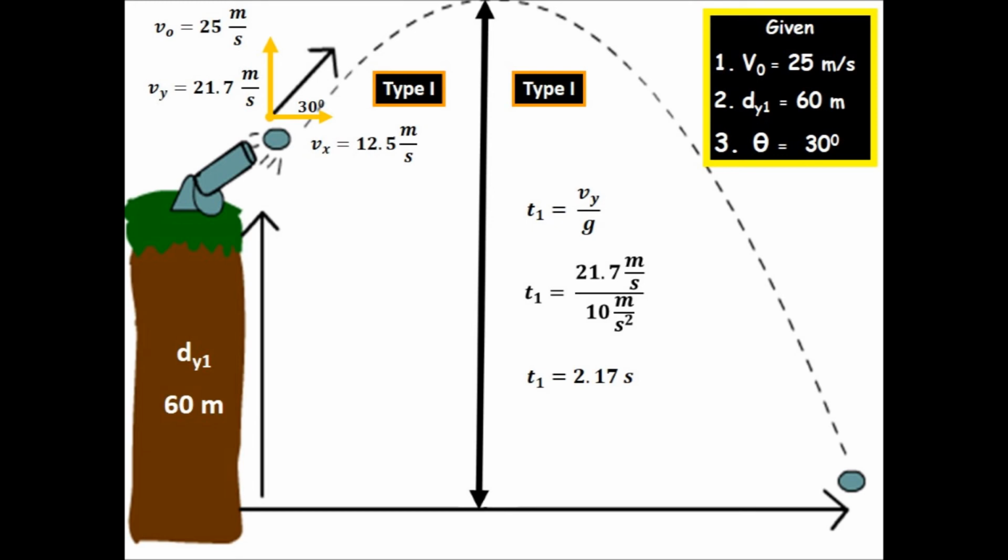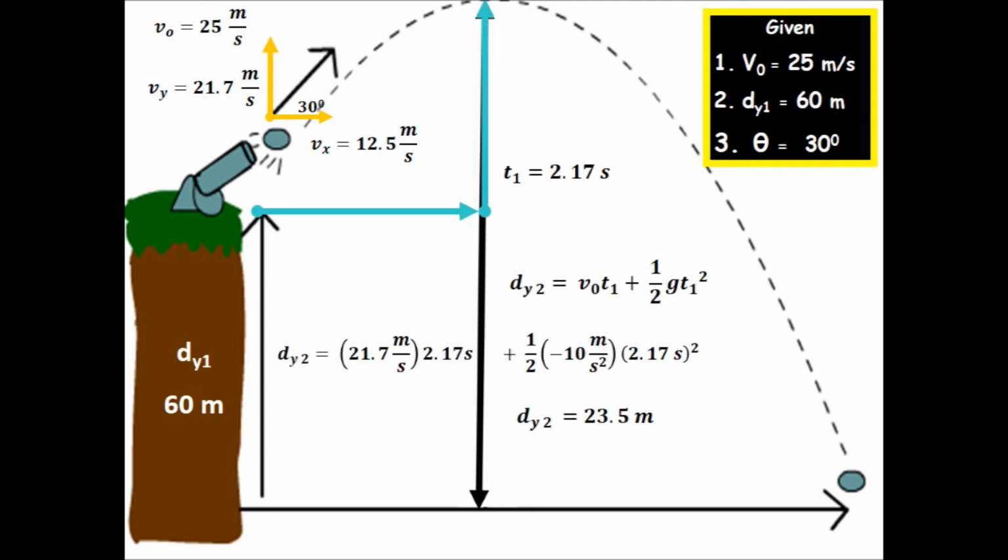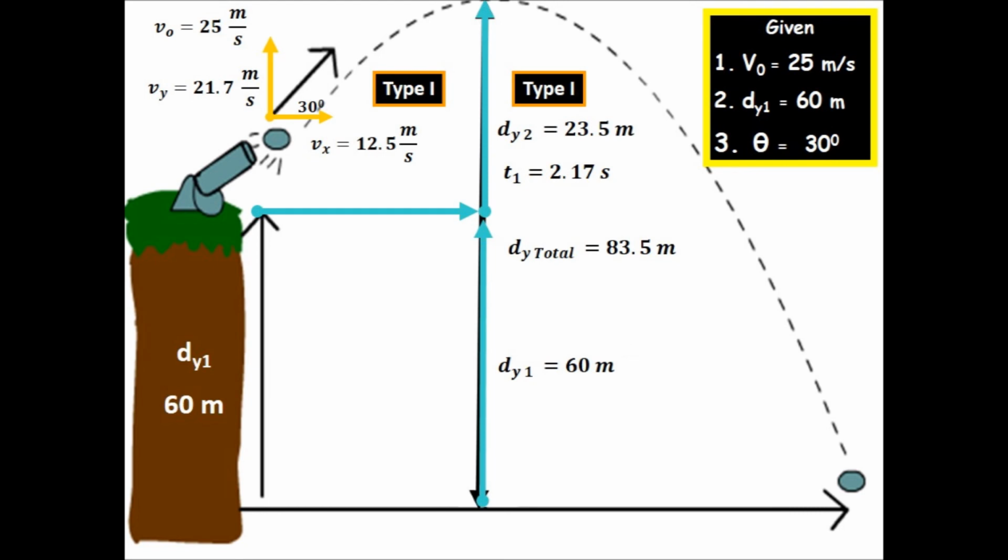Now I'm going to plug 2.17 into the equation. dy equals V naught T minus 1/2 gt squared, because it's rising, so it's going to decrease 10 meters per second every second. And you get dy2 is 23.5. dy total, therefore, will be 83.5.